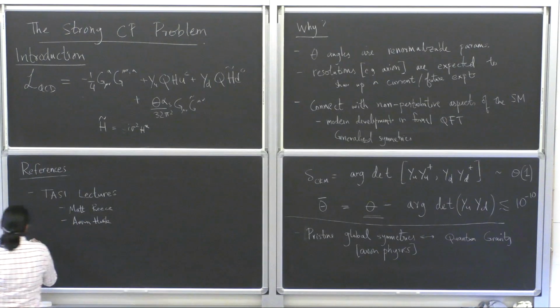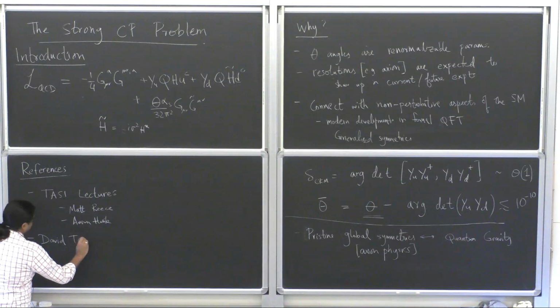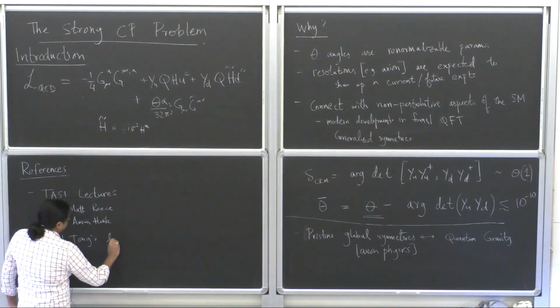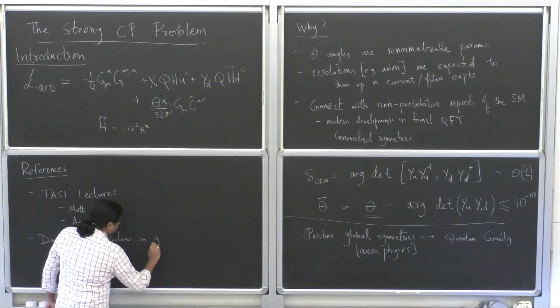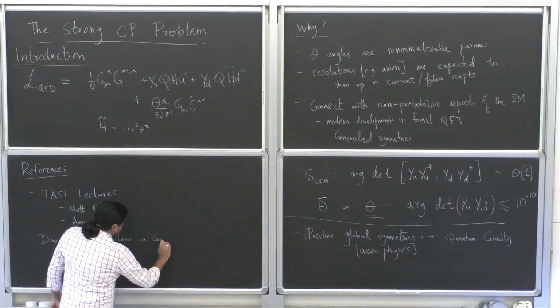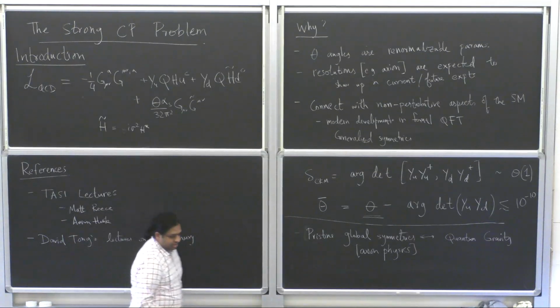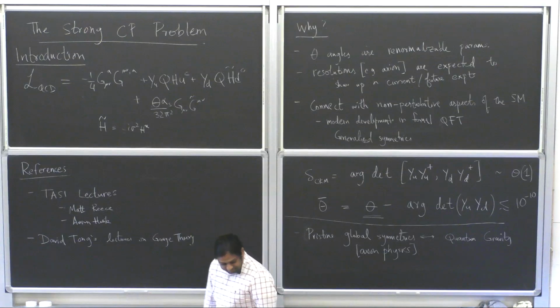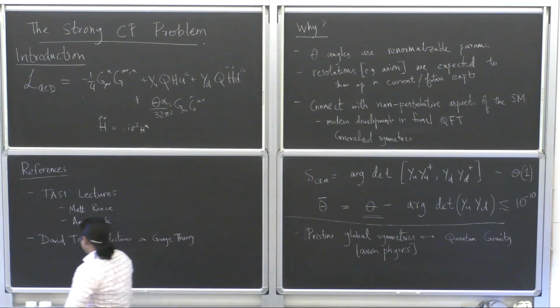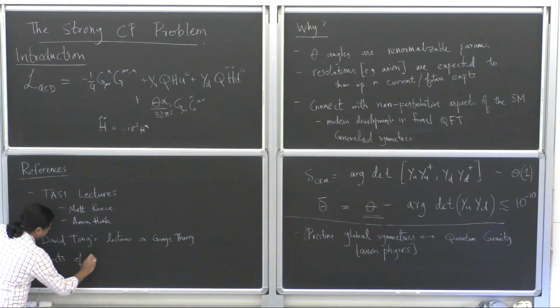Anson's lectures are more related to the phenomenological aspects of strong CP problem. Other places we'll draw from are David Tong's lectures on gauge theory. These are very nice lectures on modern aspects of gauge theory. If you haven't seen them, I recommend them to you in their generality. We'll pick up some bits and pieces from various parts. Some more classic references are, of course, we'll use some aspects of symmetry by Coleman.